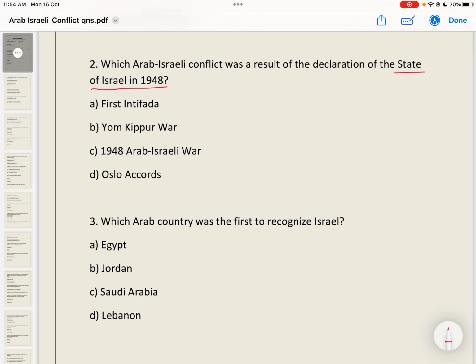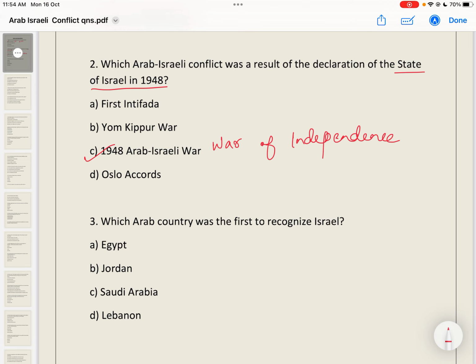Which war? The 1948 Arab-Israeli War. So this was the result of the declaration of the State of Israel in 1948. This war was also known as the War of Independence. It occurred shortly after Israel declared its statehood.